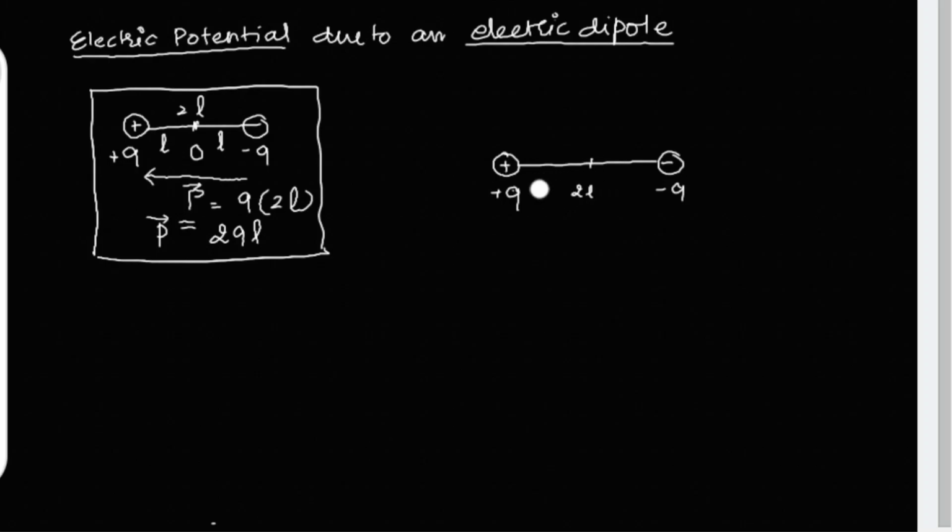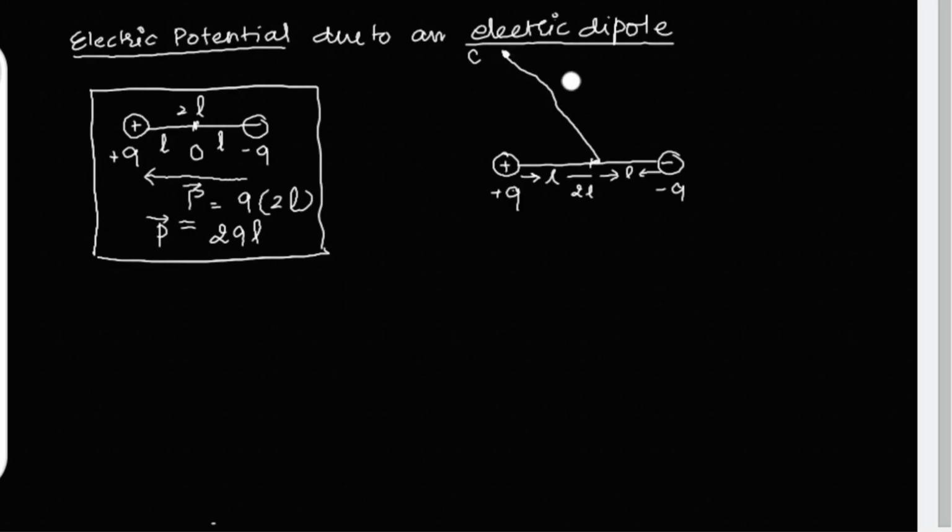So 2L is the distance between them, and separately we can write this distance as L and L. Now let us consider this point is situated somewhere here, and let us call this point C. Even though on the board we feel this point is very near, and this distance equals this distance, it is not so, because this distance 2L is very small compared to this distance.